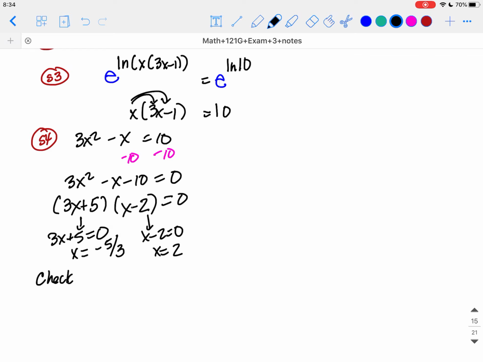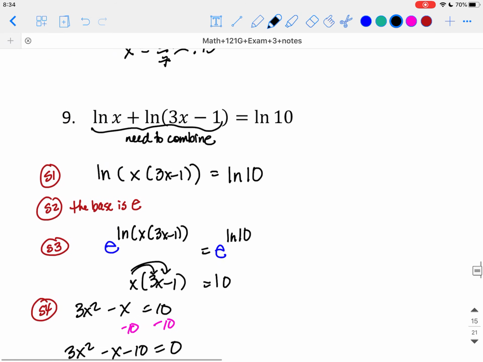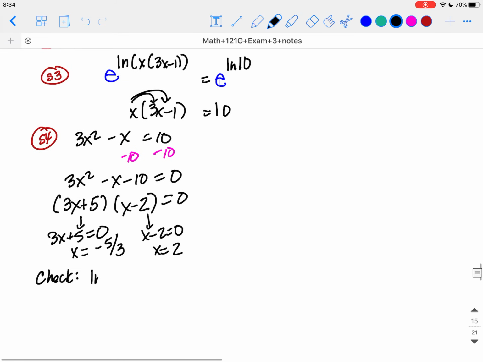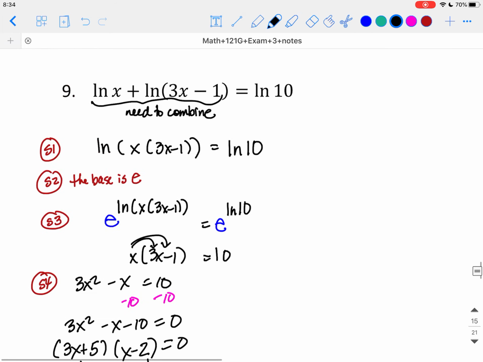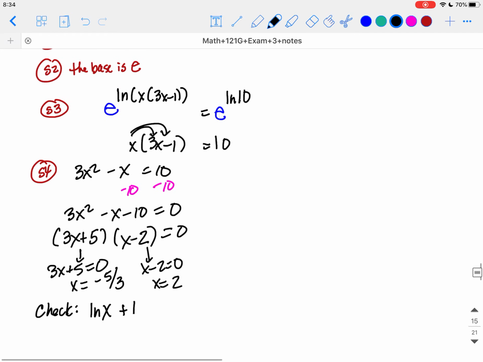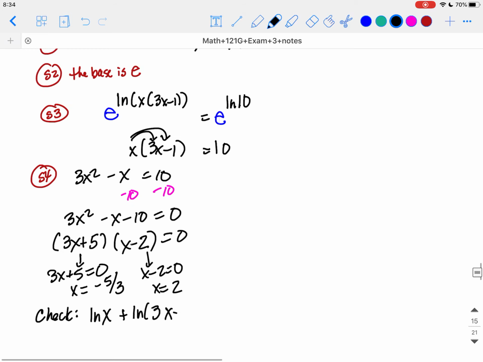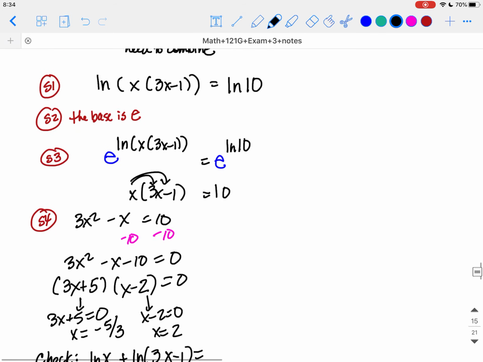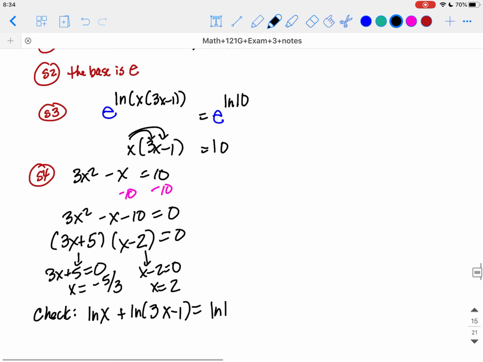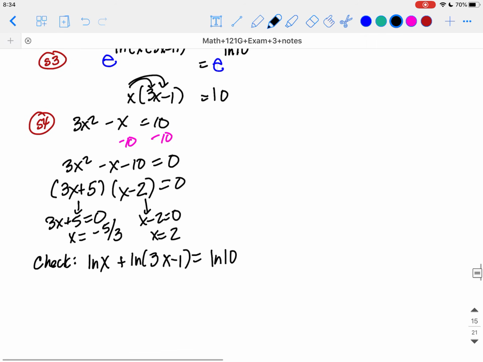So let's do the check here. The original problem was the ln of x plus the ln of 3x minus 1 is equal to the ln of 10.